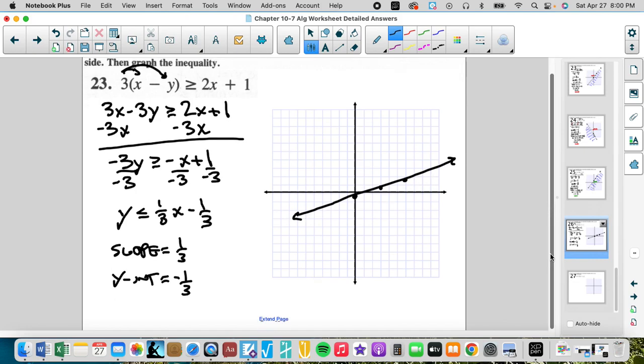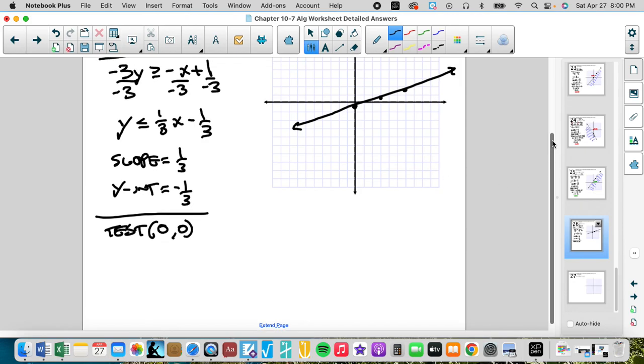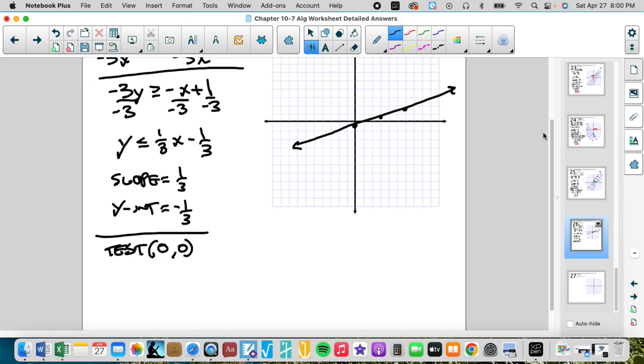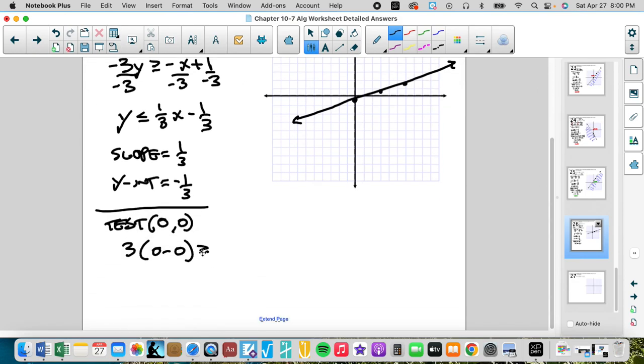We're going to test the point 0, 0. It's going to be close to that line. So what is my original equation? 3 times 0 minus 0 is greater than or equal to 2 times 0. I think that was plus 1.